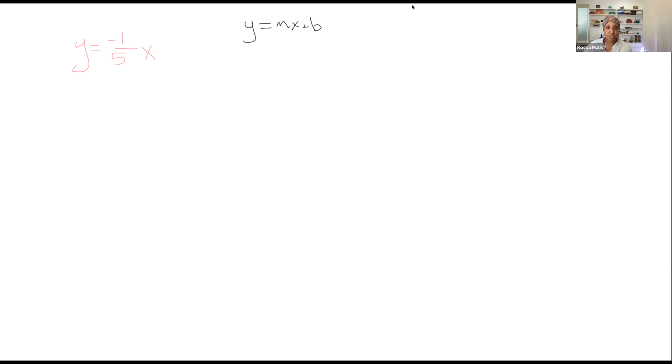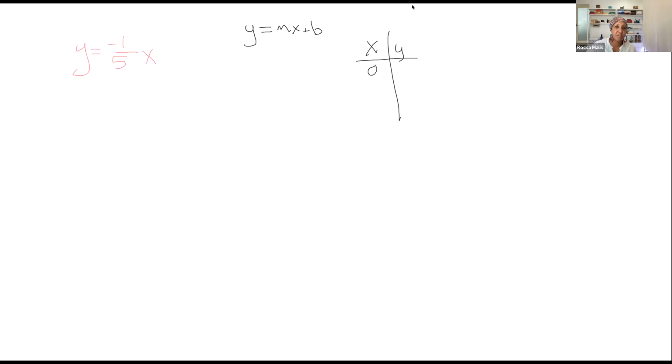I don't have like +2 or -14. So since it's in this format, this is my slope, but I still need a point to work with. I need a starting point. I'm going to pick the cheat points because time is short.